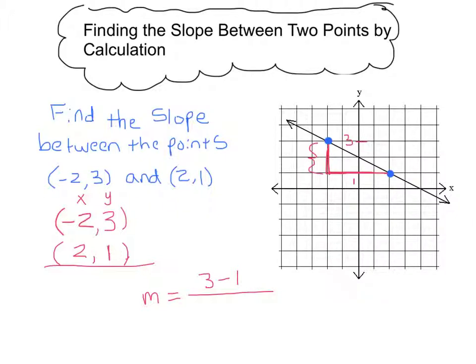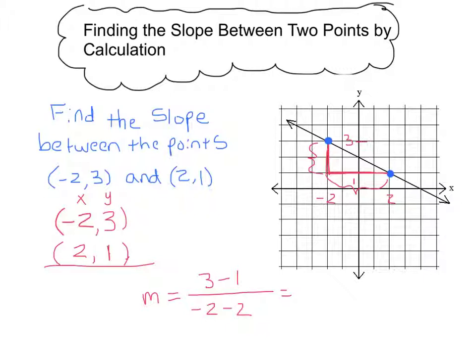And in the bottom we would have negative 2 minus 2, and that's describing this distance here at the bottom.